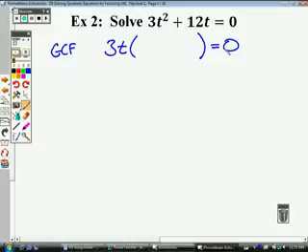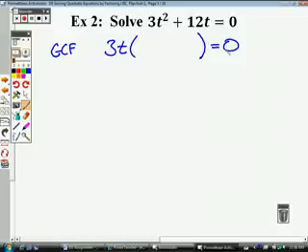See if you can fill in the inside of the parentheses. Good. Not 12.